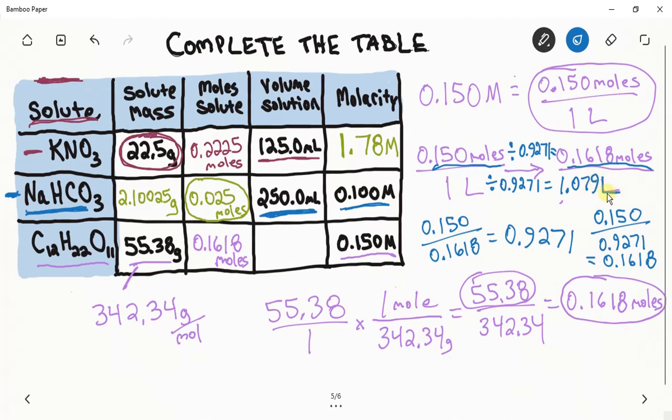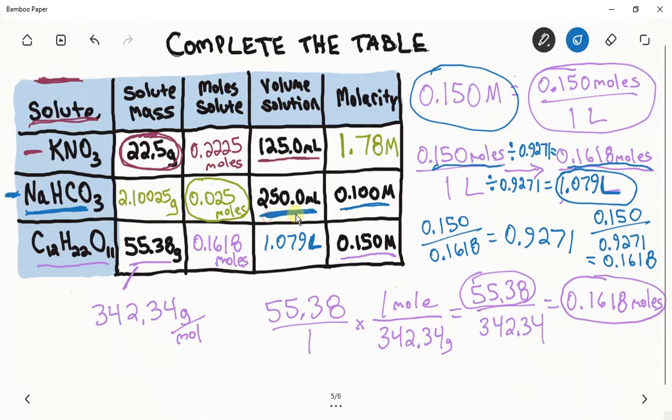So 1.079 liters is how much you have if you have 0.1618 moles in a 0.150 molarity concentration solution. So I'm going to write this liter down, 1.079 liters.